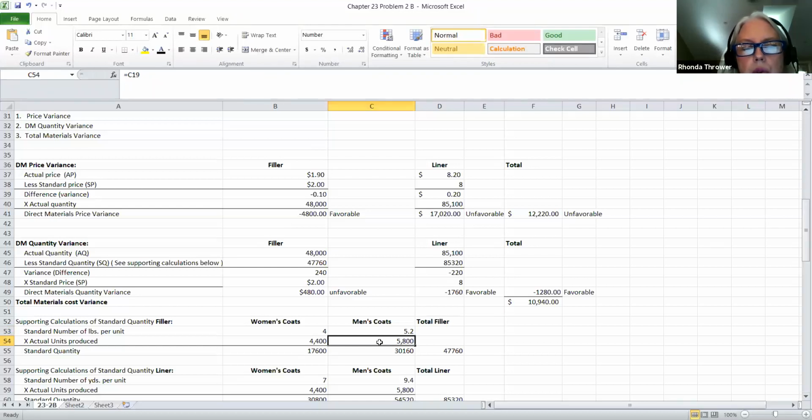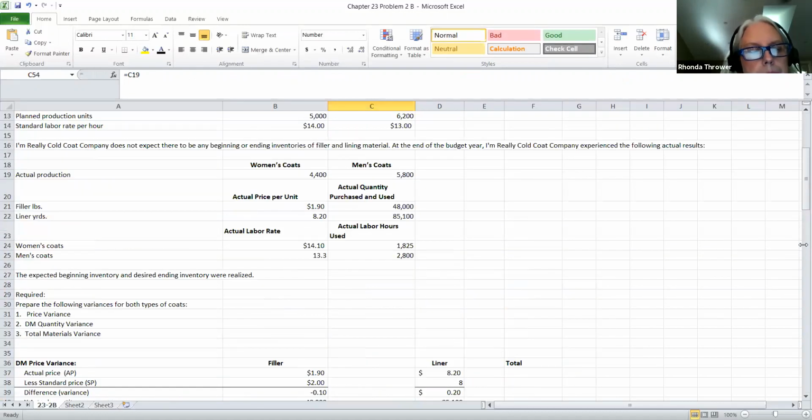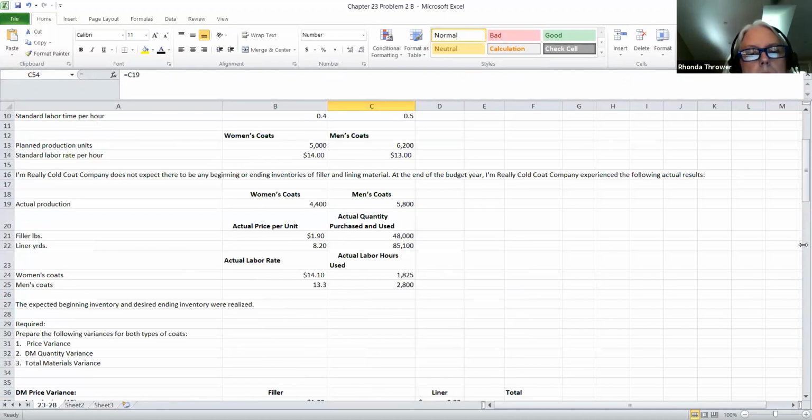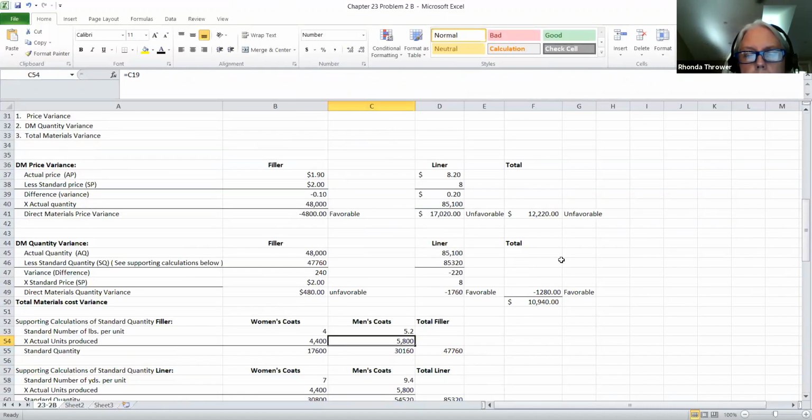The actual coats that were produced were 5,800 men's coats. So 5,800 men's coats times 5.2 pounds of filler gives you the total quantity of filler for the men's coats.